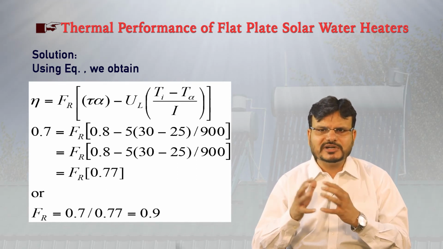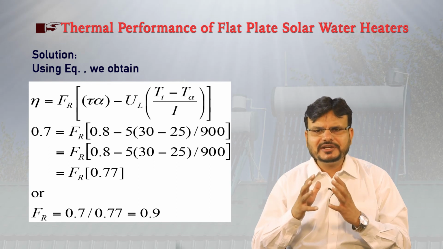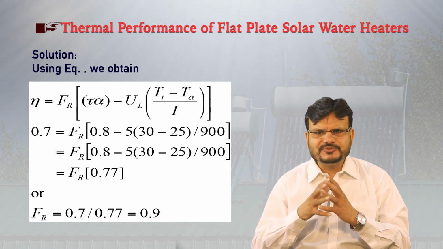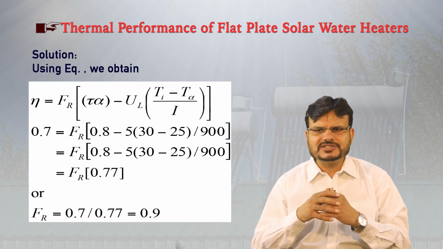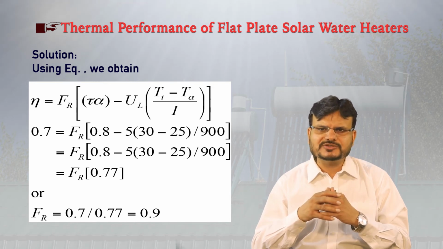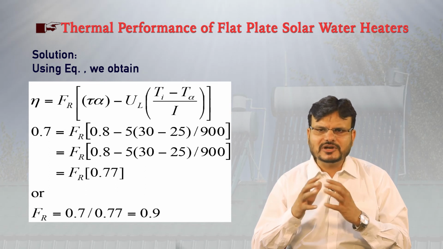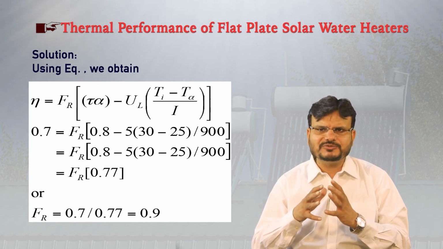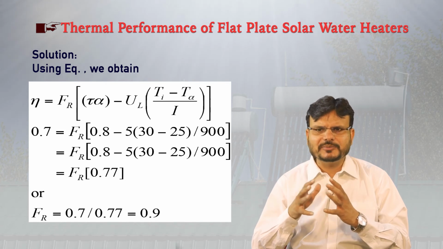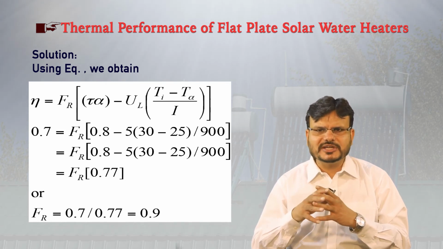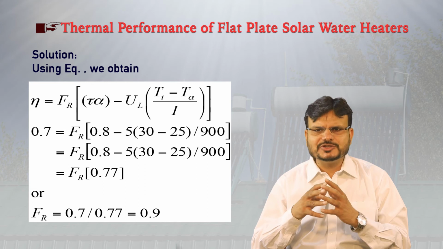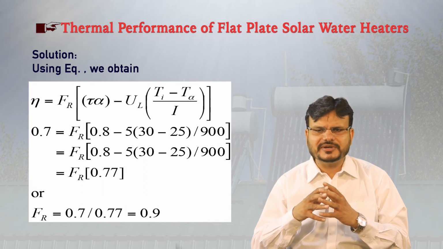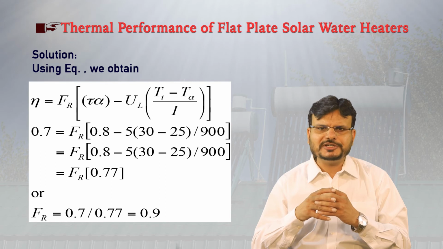The product tau alpha is given as 0.8, U_L is given as 5, Ti is given as 30 degree centigrade, Ta is given as 25 degree centigrade, and intensity is given as 900 watt per meter square. So now you just have to put in the values of eta, tau alpha, U_L, Ti, Ta and I. After putting all these values, we are able to calculate the value of F_R, which comes as 0.7 upon 0.77, which is nearly equal to 0.9.